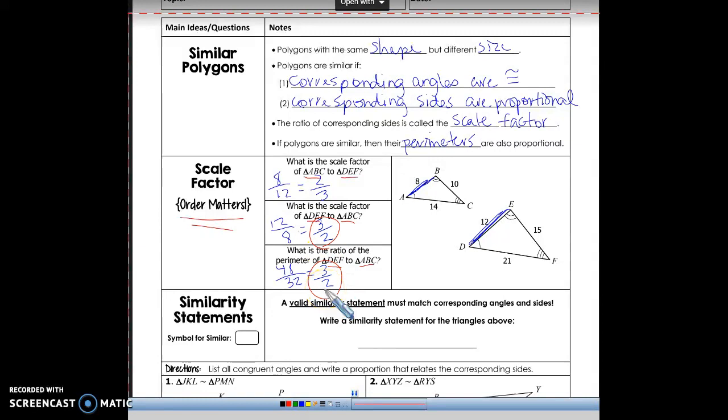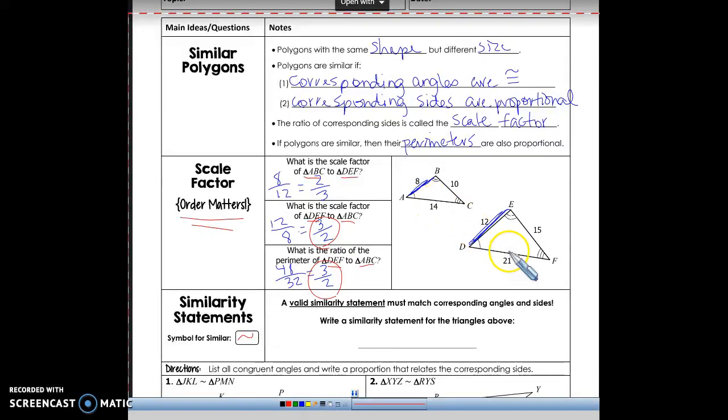Now, similarity statements. We had congruency statements. We also have similarity statements. The symbol again for similar is just the squiggle. A valid similarity statement must match corresponding angles and sides.